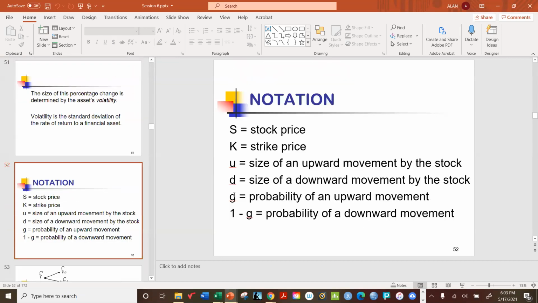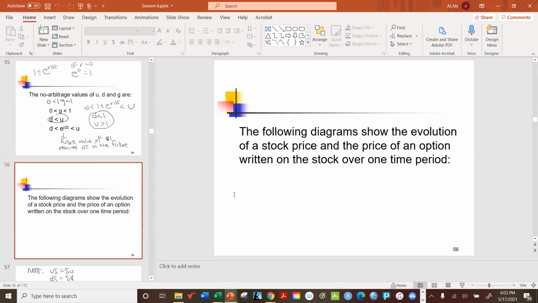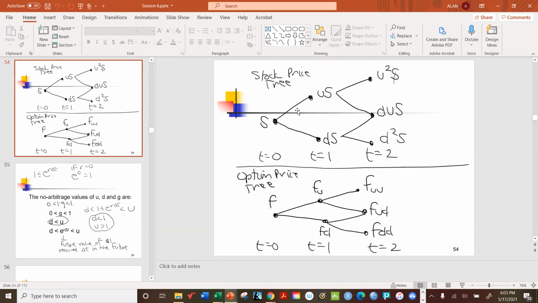Somewhere down here we have our formulas. Now, we already remember from last time that the stock price goes either up or down by a fixed constant, which we call U or D, and it always goes up or down by the same amount. So if I go up 2 times in this simple example, I'll reach the node where the value of the stock is U squared S, because that's just US times U. If I go down after reaching US, I'll reach DUS.